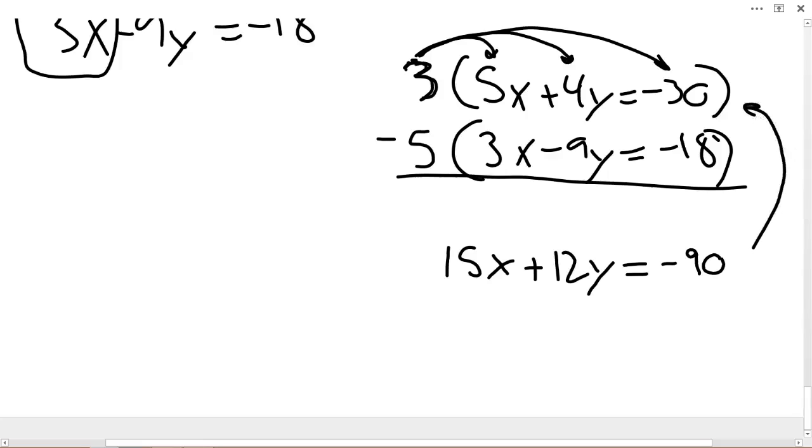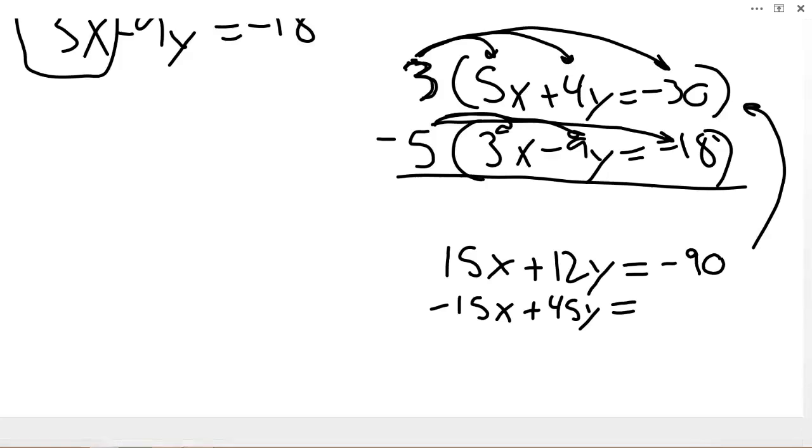So let's multiply the second equation by negative 5. Okay. So negative 5 into the 3x, negative 5 into the 9y, negative 5 into the negative 18. Alright, so negative 5 times 3x is, what do we get? Negative 15x, right? And then negative 5 multiplied by negative 9, we get positive 45y equals, and then we got negative 5 times negative 18.